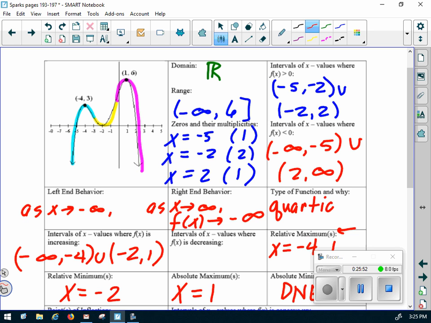How many points of inflection? 2. That's not right. I got one in this region here, and I got one in this region here. Find them.